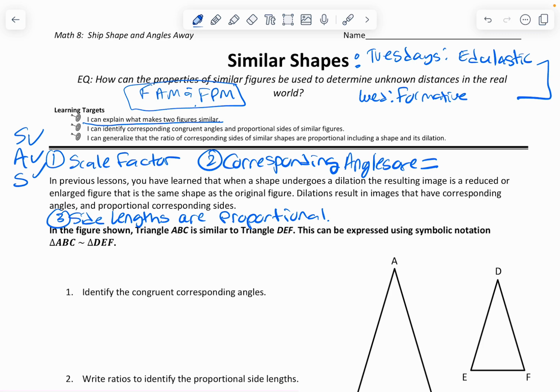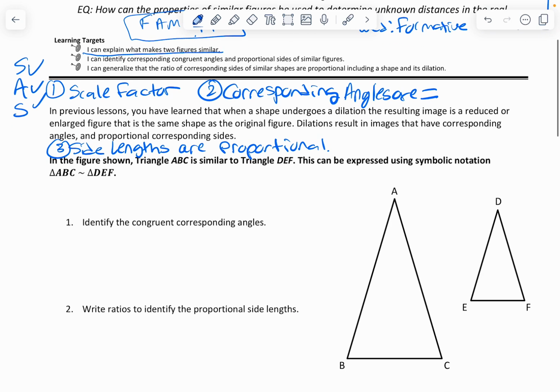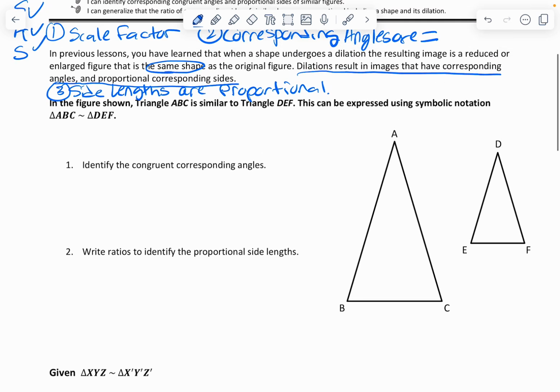It says, in previous lessons, you learned that a shape undergoes a dilation. The resulting image is reduced or enlarged. Dilations result in images that have corresponding angles and proportional corresponding sides. Now, if you've got highlighters, I would say get them out, just because I'm going to be using a lot of color to show corresponding sides.